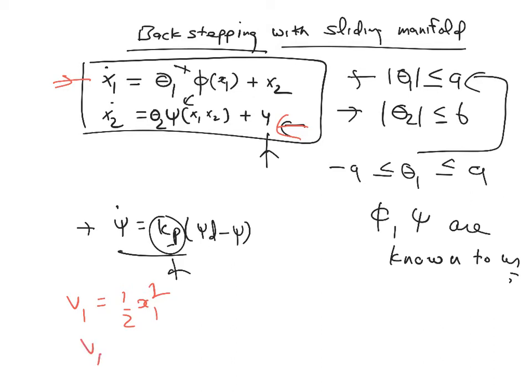So what will be v1 dot? I don't know if anything is given about phi x1 or not, but for now let's assume some properties should have been given, like phi x1 equals 0 or not.